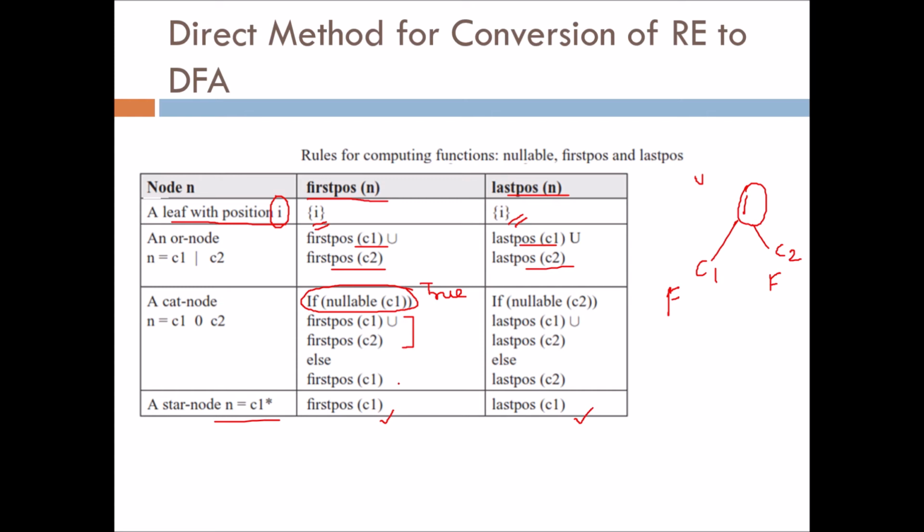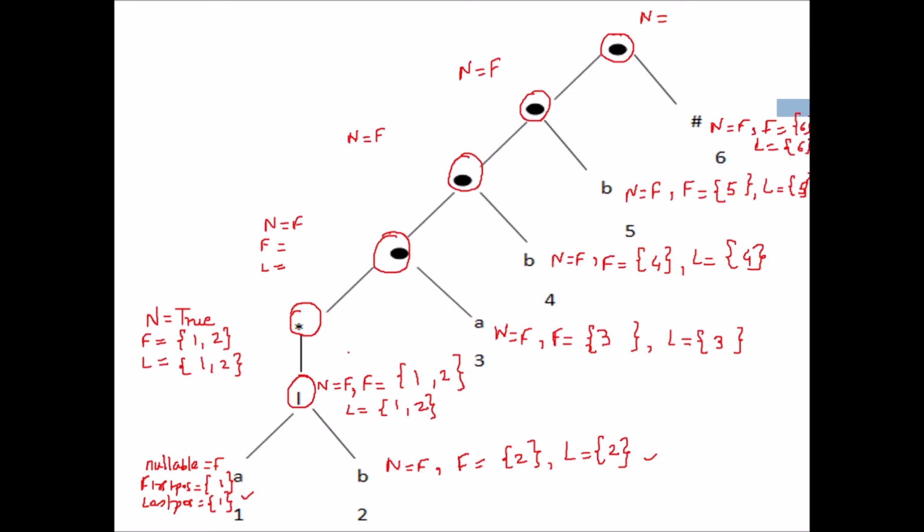Otherwise, it is taking the value only from the left child. So let us see, the left child for this node is this star node and is the nullable value true? Yes, it is true. So we will take a union of firstpos values.